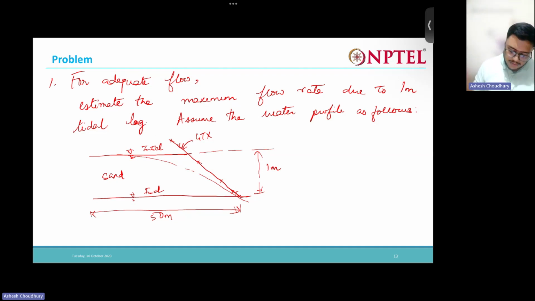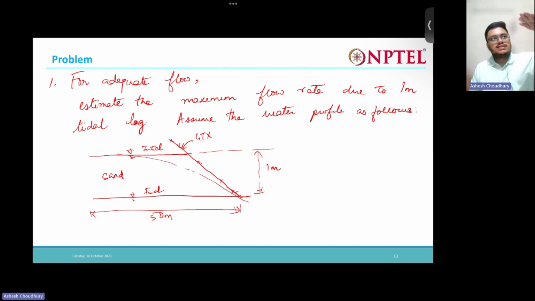We are assuming that this flow of water, when the tide recedes at maximum rate, in the initial 2 hour period the water will flow through it at the maximum rate.